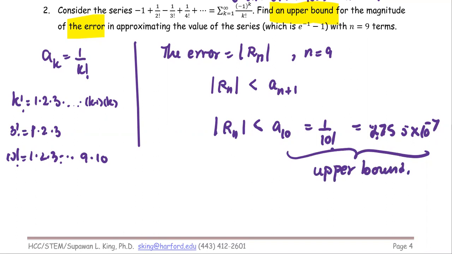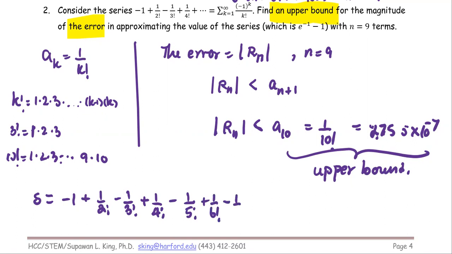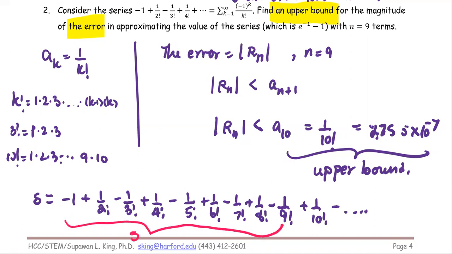As in the expanded form, S is negative 1 plus 1 over 2 factorial minus 1 over 3 factorial plus 1 over 4 factorial minus 1 over 5 factorial plus 1 over 6 factorial minus 1 over 7 factorial, 1 over 8 factorial minus 1 over 9 factorial plus 1 over 10 factorial minus, and keep going. So the first 9 terms give S9.